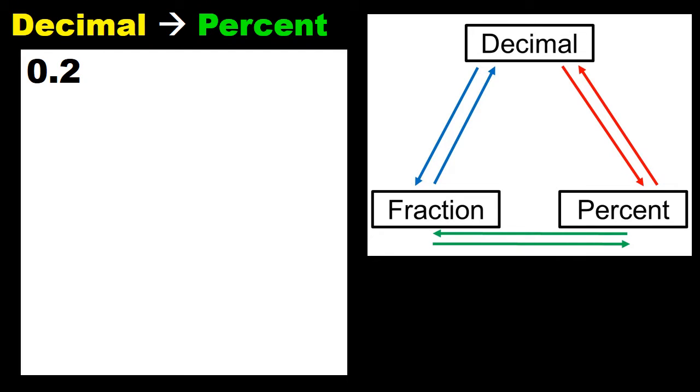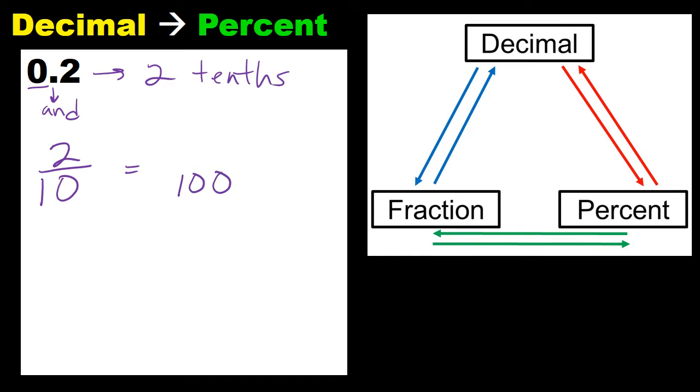And so we're given this decimal here. So we have 0, the decimal point, and then we're given 2/10. So our first step is to write out the fraction 2/10. And then to get the percent, the fraction has to be out of 100.